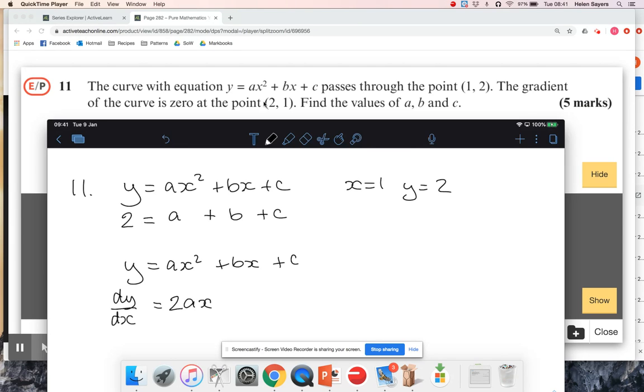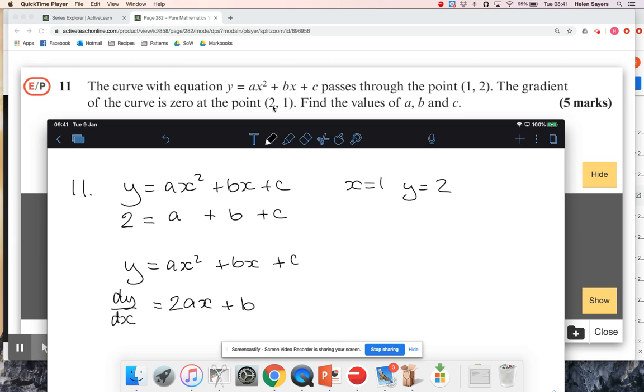Bx, well, imagine differentiating 3x or 7x. That would just differentiate to 3 or 7. So bx will just differentiate to b. Then c is going to differentiate to nothing because that's just a constant, so we just differentiate a value and it goes.